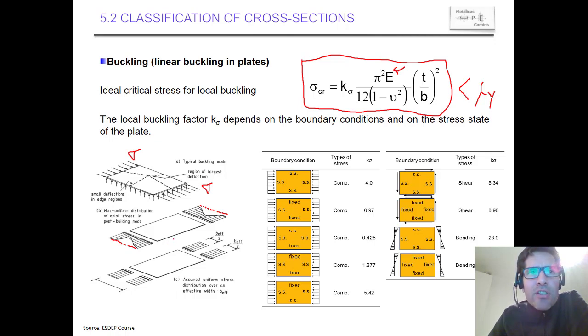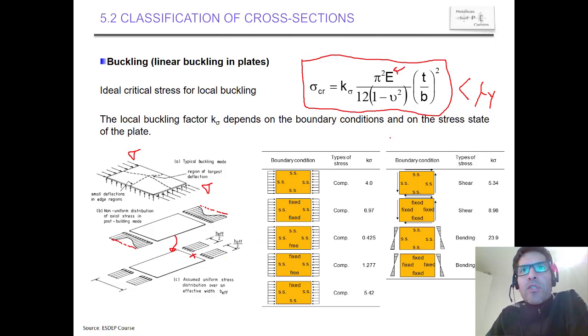And the idealization is that we can assume that the final distribution of this stress is that there is some stress in the borders and there is no stress in the middle. All stress has migrated from the center to the borders. Okay.